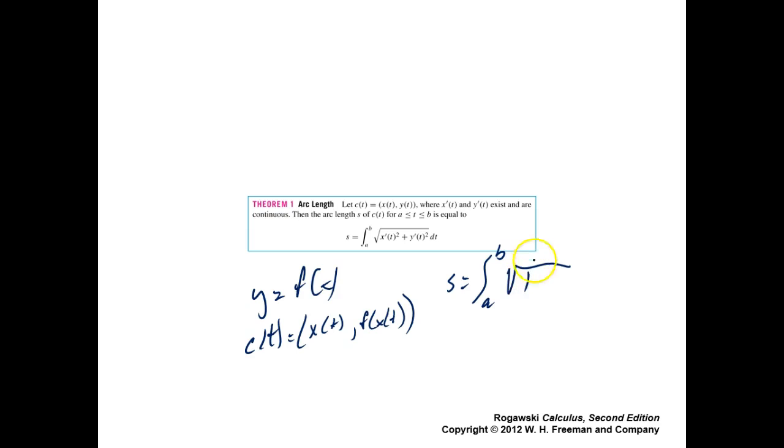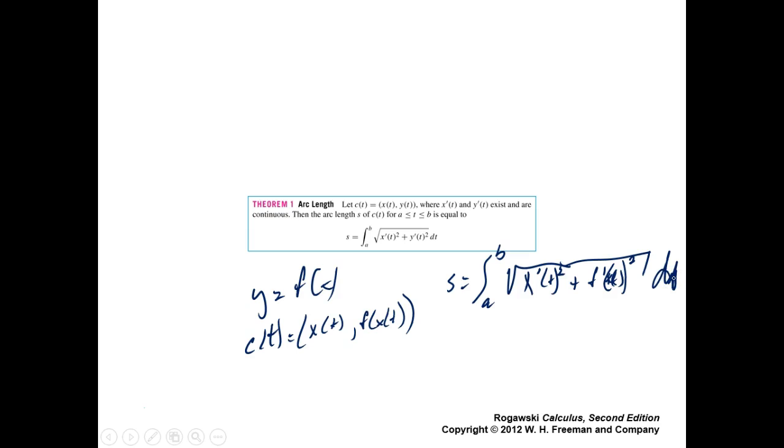Let's do it this way: x prime of t squared plus y prime of t squared, but your y prime of t is your f prime of x of t, let me put it that way, squared. And then your dt.